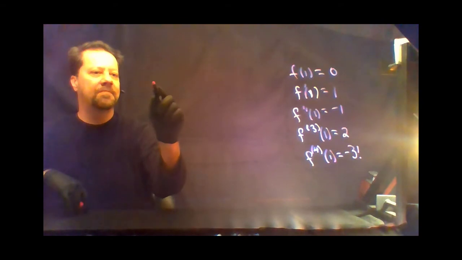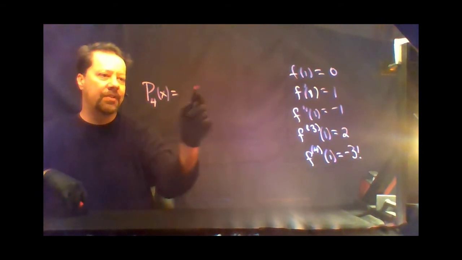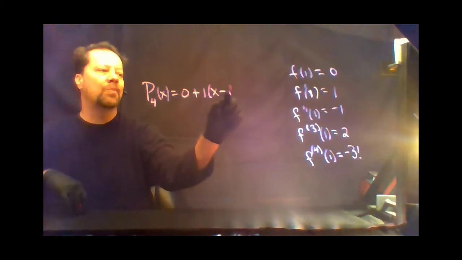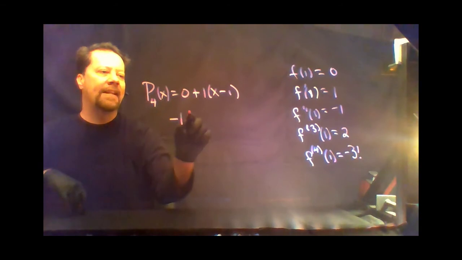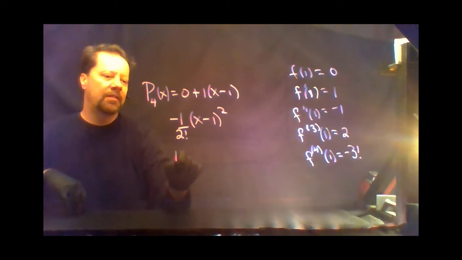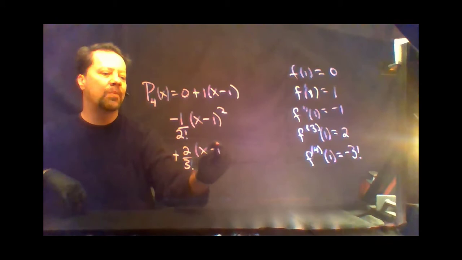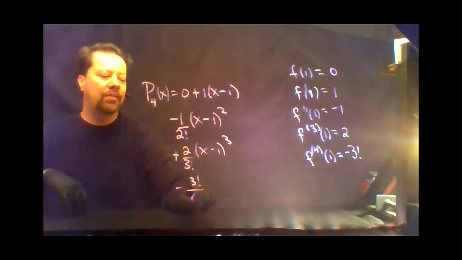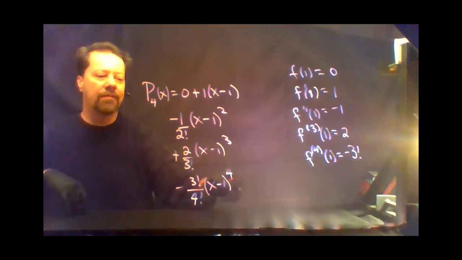It follows then that P4 of x is going to be 0 plus 1 times x minus 1 minus 1 over 2 factorial x minus 1 squared plus 2 over 3 factorial x minus 1 cubed minus 3 factorial over 4 factorial x minus 1 to the fourth power.